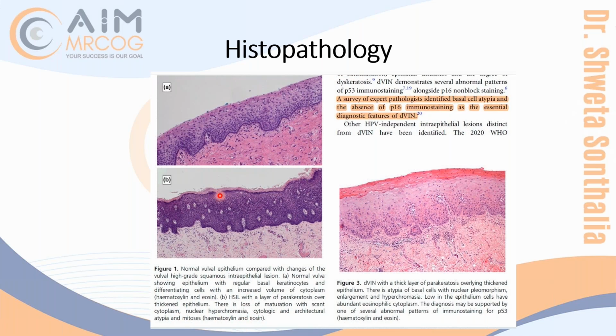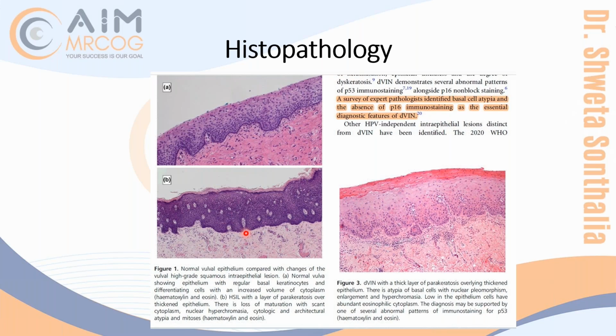There will be more nucleus to cytoplasm ratio. That is the usual character of any cancer developing or any pre-malignant lesion developing, and atypia and mitosis are the main characteristic features. So you can appreciate parakeratosis and thickened epithelium in the histopathology.